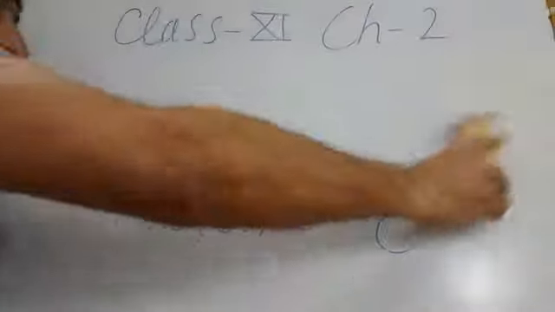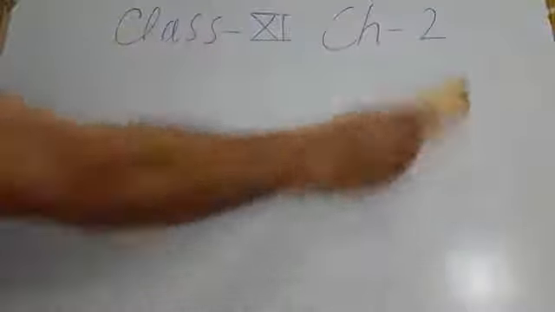In the previous two lectures, we discussed Bohr's postulates and learned how he could derive equations to explain the emission and absorption spectrum of the hydrogen atom.